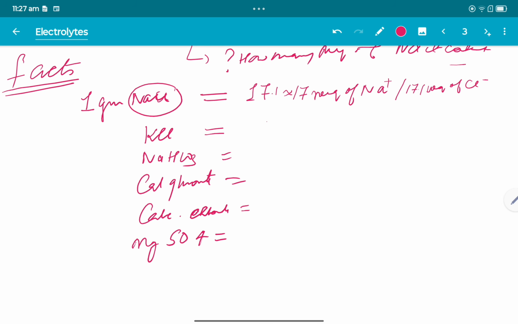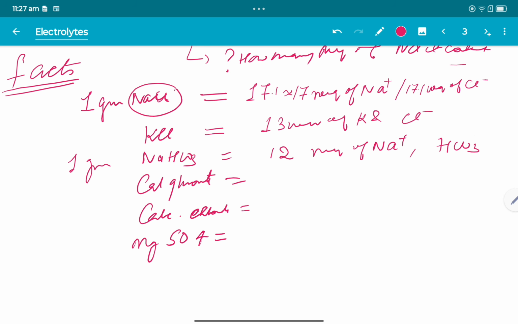Potassium chloride has 13 milliequivalent of potassium and 13 milliequivalent of chloride. Sodium bicarbonate, 1 gram of salt, has 12 milliequivalent of sodium and 12 milliequivalent of bicarbonate.